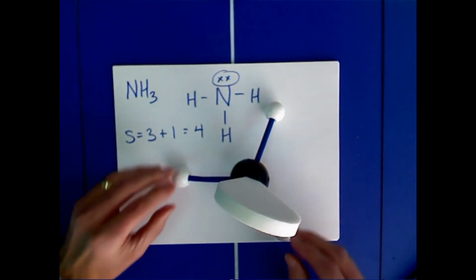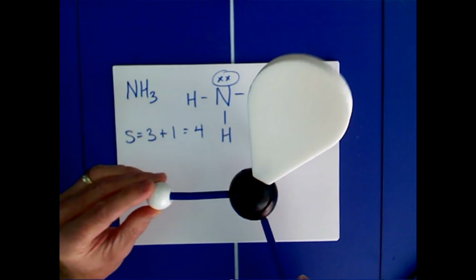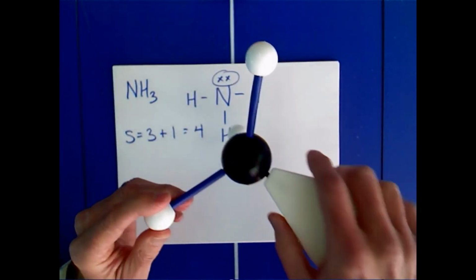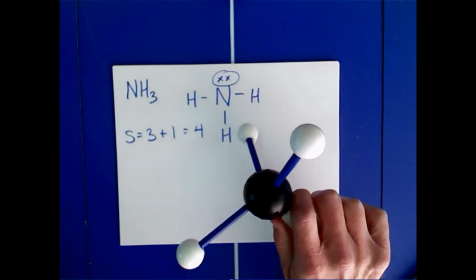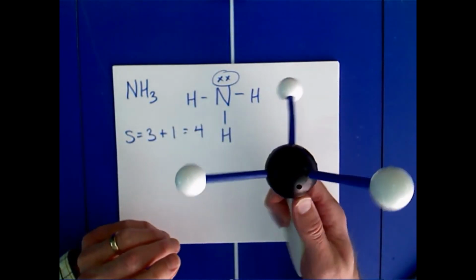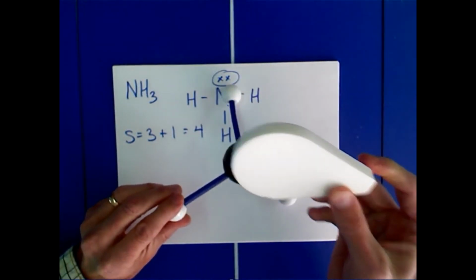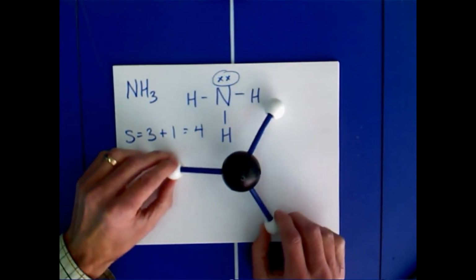When we describe the molecular geometry of ammonia, we don't call this tetrahedral because we ignore this lone pair of electrons. We just want to describe the orientation of the atoms when we're describing molecular structure. So when I go to describe the molecular structure, I'm just going to go ahead and remove this lone pair of electrons and look at what the molecule looks like.